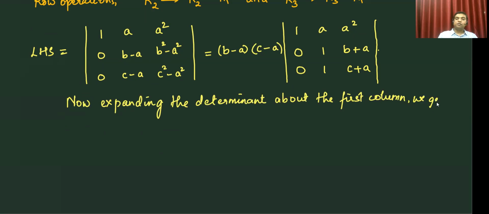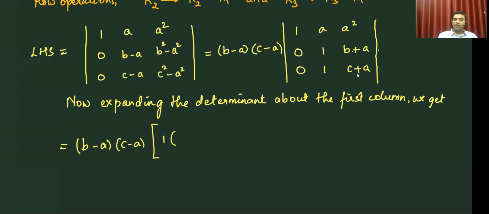Okay, we get b minus a into c minus a. Now first column, you get 1 times b2 c3 minus b3 c2.